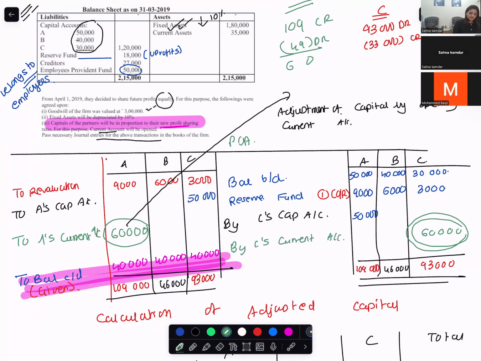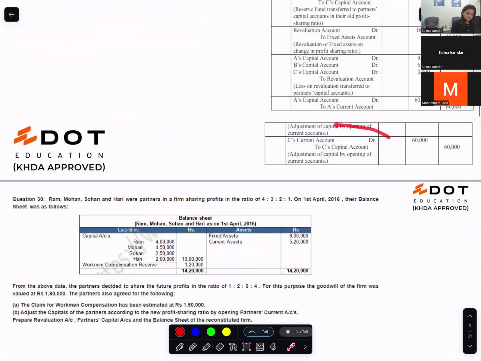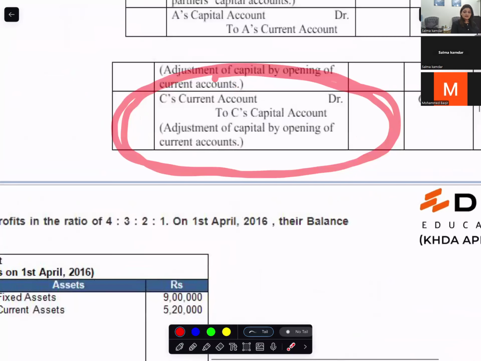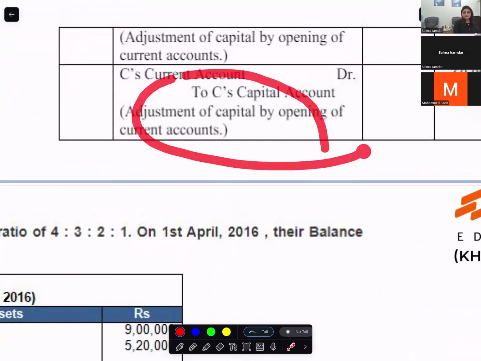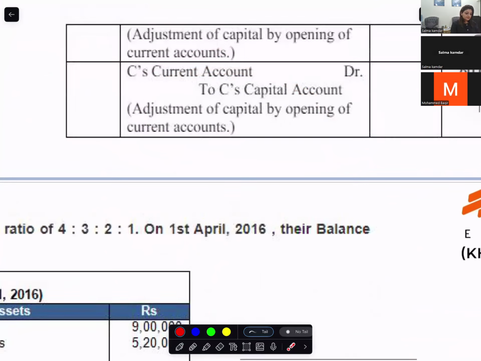What will be the journal entry? C's current account debited to C's capital account. And the narration? Adjustment of capital by opening current account.